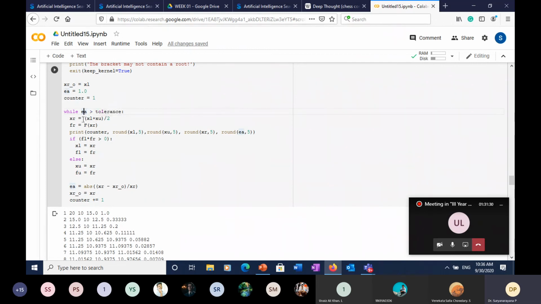iterations, into the loop. In the loop, the first thing we do is we are finding out the new root, which is the center point.